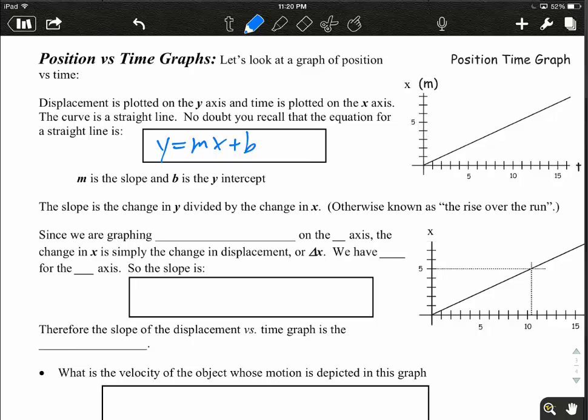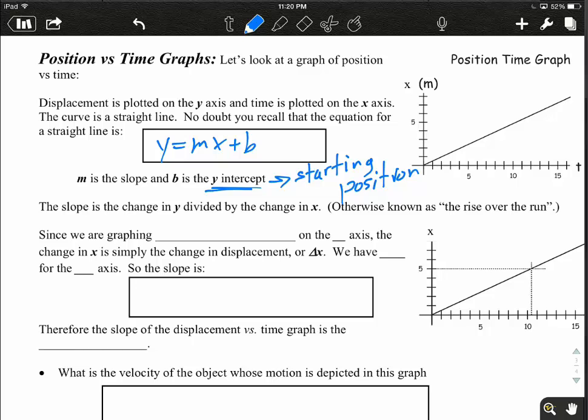So using that equation we were able to come up with our own equation. We know that b is the y-intercept, and this y-intercept is actually the starting position, and m is the slope.